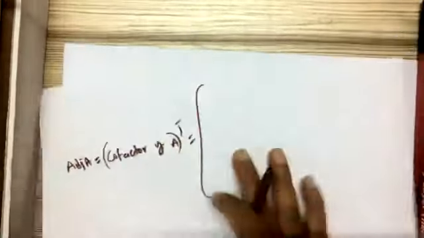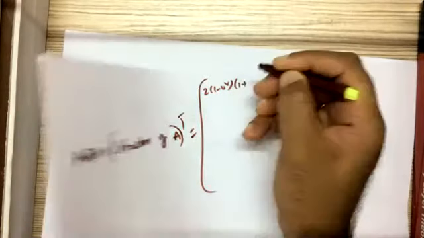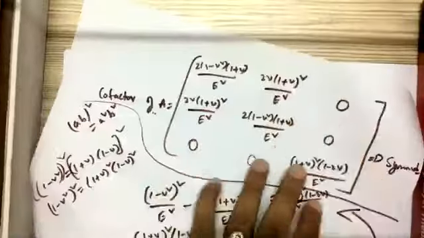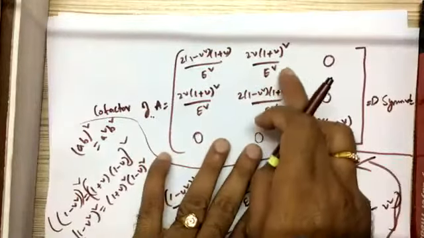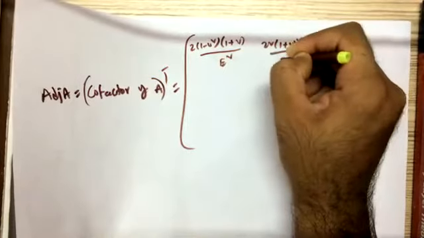2 into (1 minus nu square) into (1 plus nu) by E square. What is the next element? 2 nu into (1 plus nu) whole square by E square. 0.